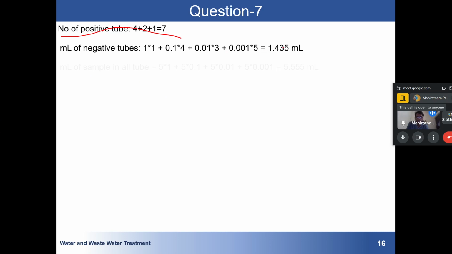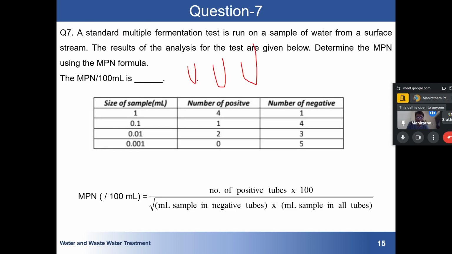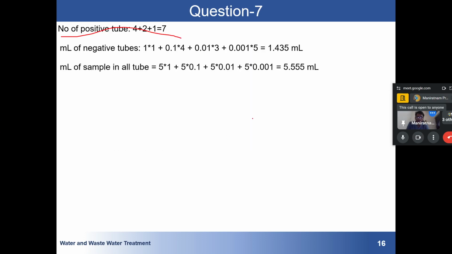The total of 5 tubes were used, and this was the size of your sample. So you total this volume, and your MPN will be 247 per 100 ml. Remember, per 100 ml. Most probable means, suppose you have taken 100 ml of sample, there is a probability. Remember, this is the most probable number, not a complete certainty.